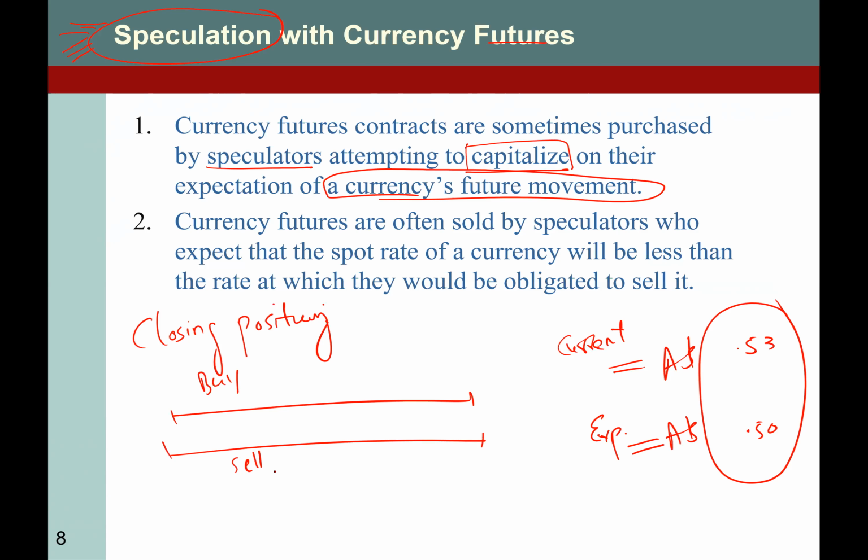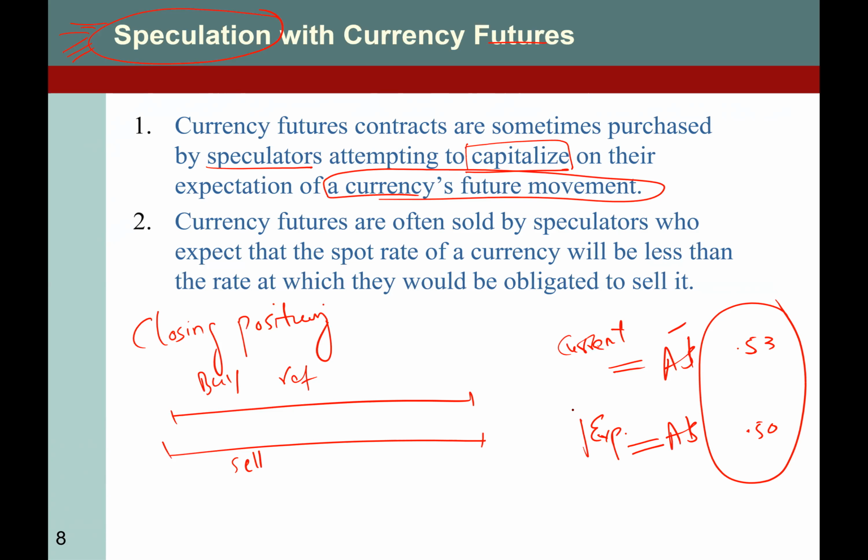Even though you don't have the money, we call this a non-deliverable contract. We also talked about it in our last lecture. The actual reference amount is not going to be transferred, only the difference is going to be transferred. And you can specify the reference: $1,000, $100,000, 1 million Australian dollars, or 10 million Australian dollars, whatsoever, right?